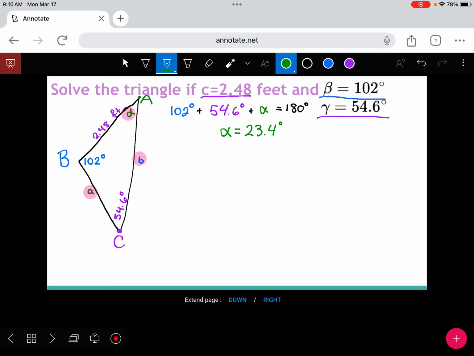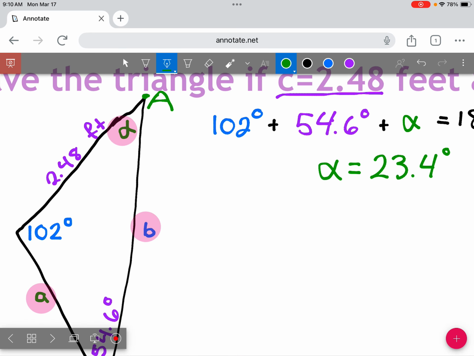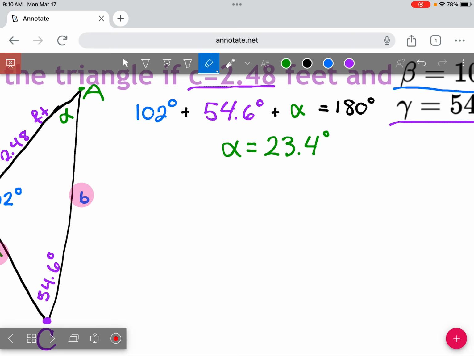Okay, so now we know angle alpha. And we've got to find our sides. We need to find side A and we need to find side B. This is when we're going to use our law of sines that we were working with last week.